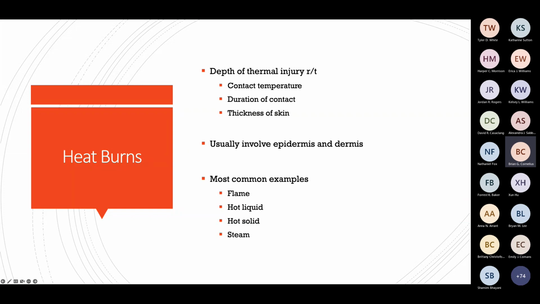You may have an increased injury there even with a shorter exposure, as compared to a shin or a forearm, where the skin tends to be a little bit thicker. So you generally don't have the same thermal injury that you see with sensitive areas or thinner skin.